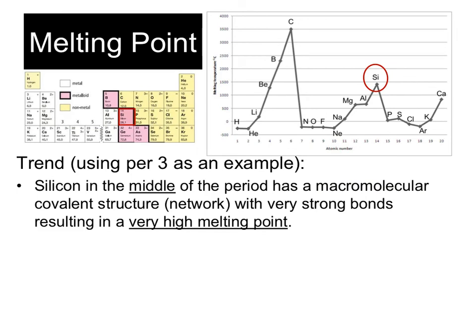The peak for period 3 would be silicon. Silicon is the metalloid in the middle of the period, the one that touches the stair-step line. The reason that the silicon takes the most energy to melt is that it has a very special structure. They call it a macromolecular or large molecule covalent shared structure. You may also hear this called a network bond.